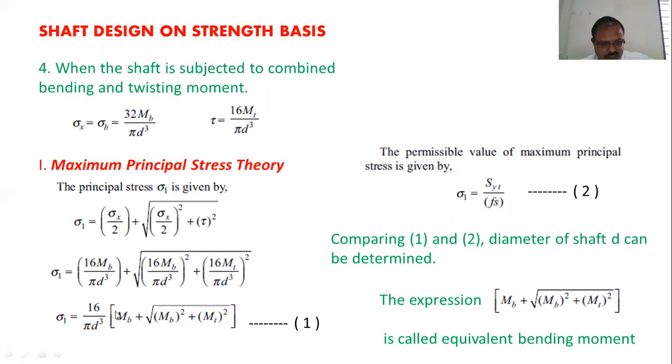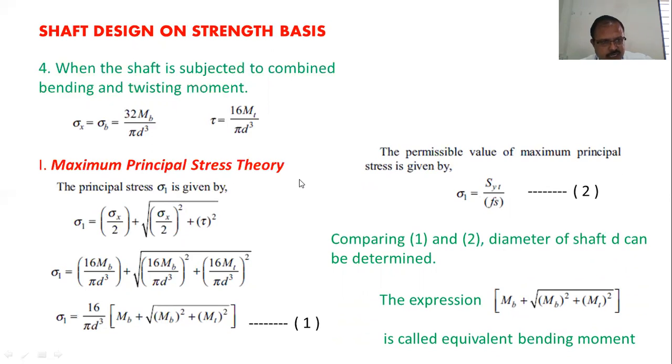So it will be 16 times equivalent bending moment divided by pi d cube, where this sigma 1, according to principal stress theory, is SYT divided by factor of safety. So comparing this equation and this equation, we can obtain the diameter of the shaft based on maximum principal stress theory.